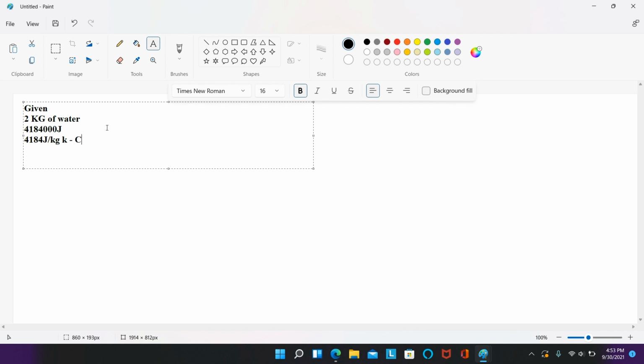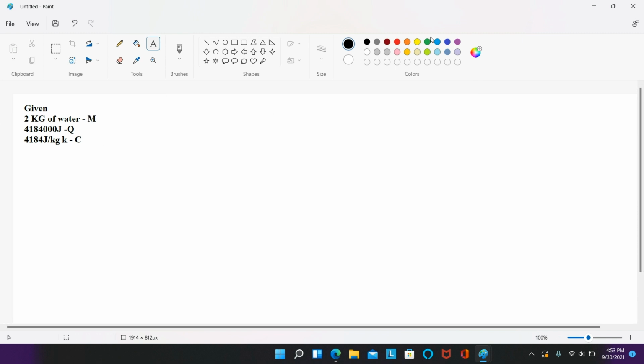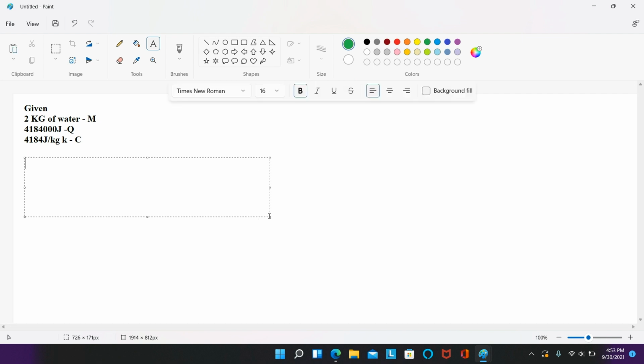So let's label that as Q, and let's label that as M. The formula for this would actually be change in temperature, which is equal to Q over MC.